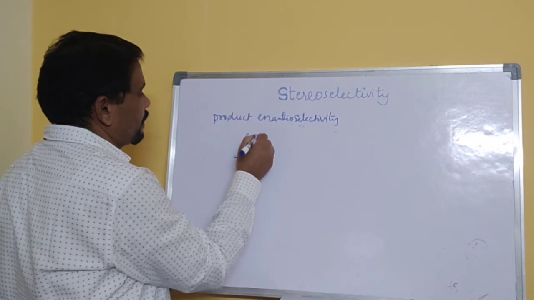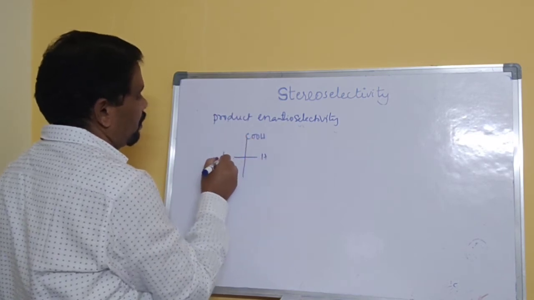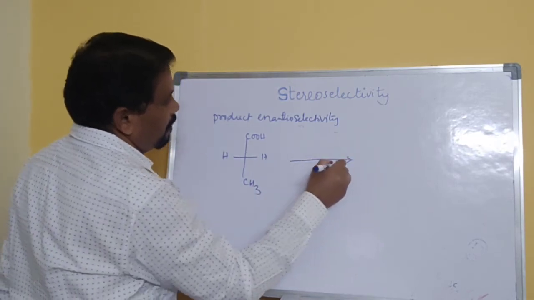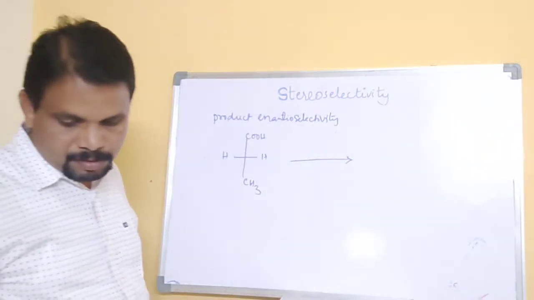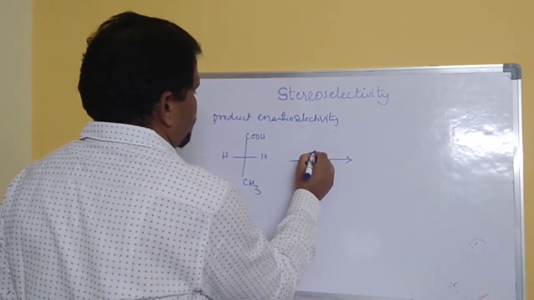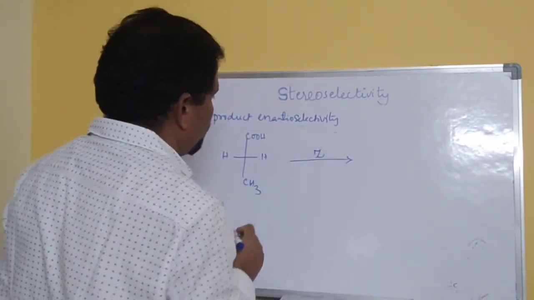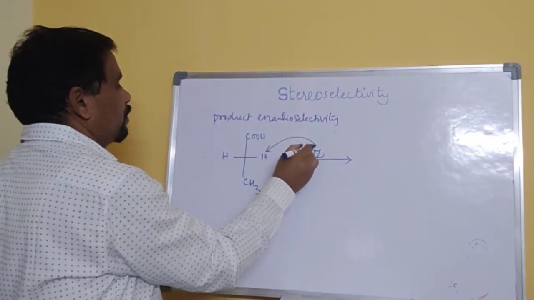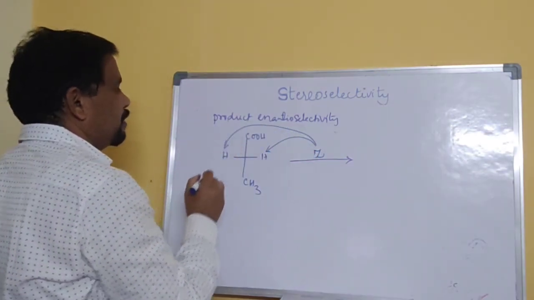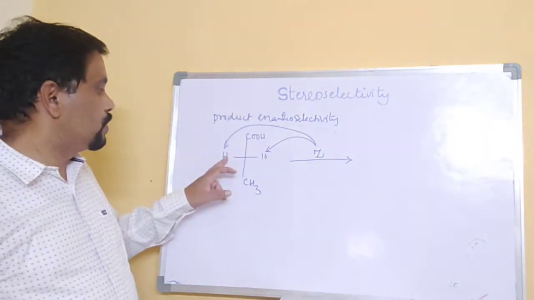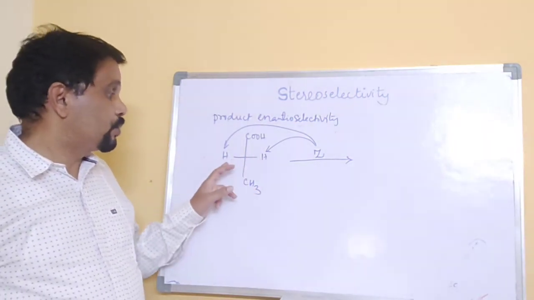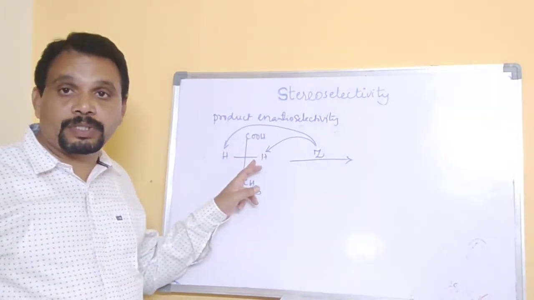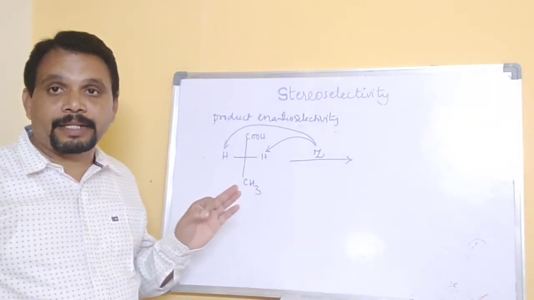So this is the best example, CH3. If you react with some Z reagent, there is a possibility of two attacks, one from the front side, another from the back side. So these two hydrogens are enantiotopic ligands.